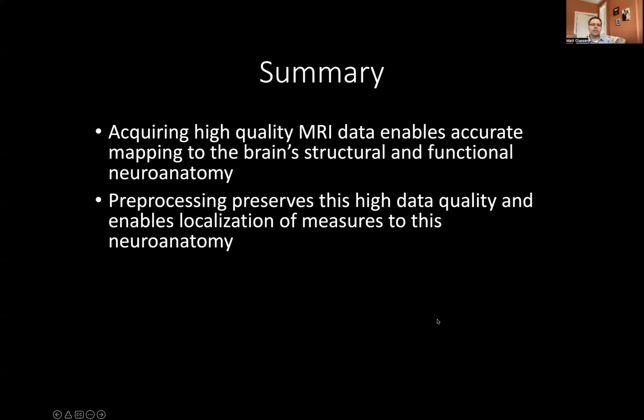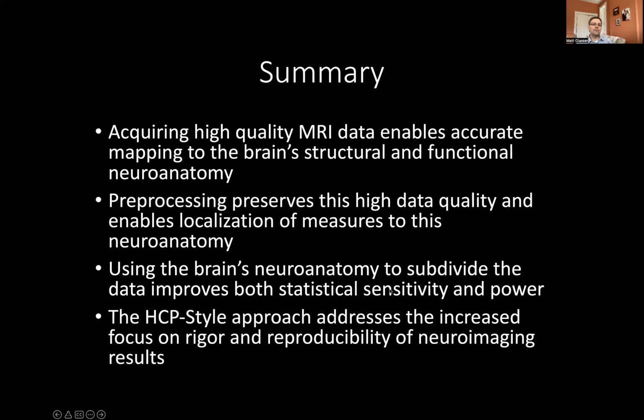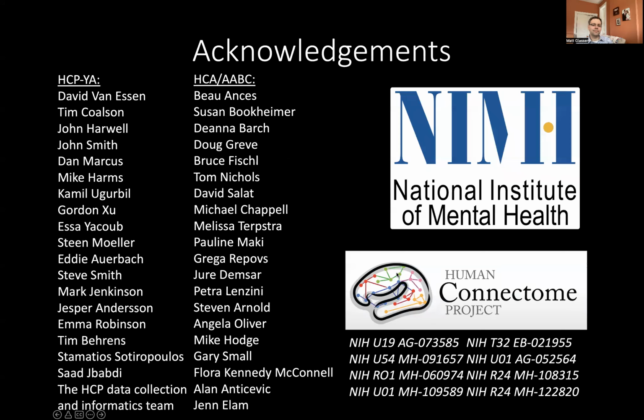We want to preprocess this data to preserve its high data quality and enable localization of these measures to this neuroanatomy. We want to use the brain's neuroanatomy to subdivide the data to improve both statistical sensitivity and power. And this HCP-style approach is really helpful in addressing the increased focus on rigor and reproducibility of neuroimaging results that's been seen in the field.